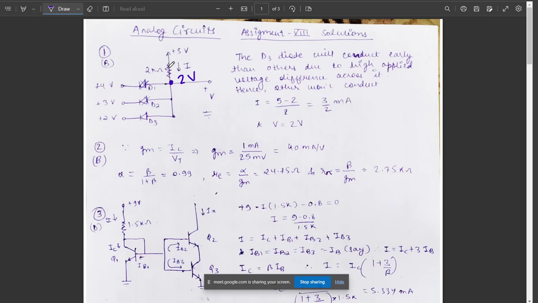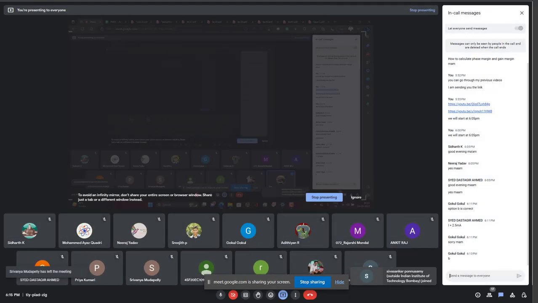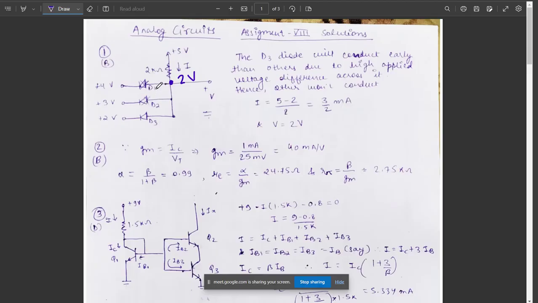So 3 volts have been dropped here due to the resistance, and 2 volts will be at this point. So this is 2 volts, this is plus 4 volts and plus 3 volts. Both of these won't conduct, because D1 and D2 are in reverse bias. Only D3 will be conducting, and the potential here will be 2 volts, right? Any doubt here?